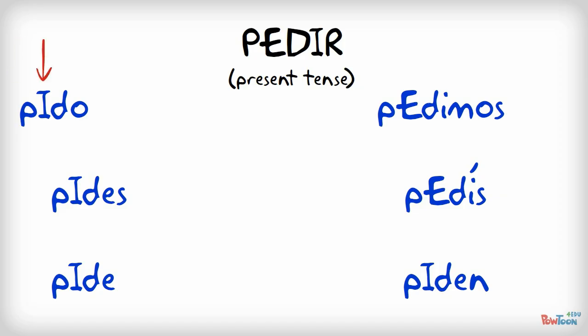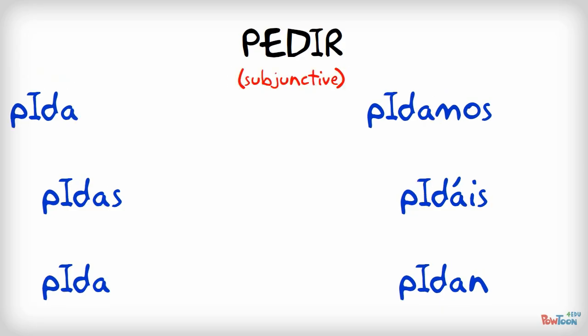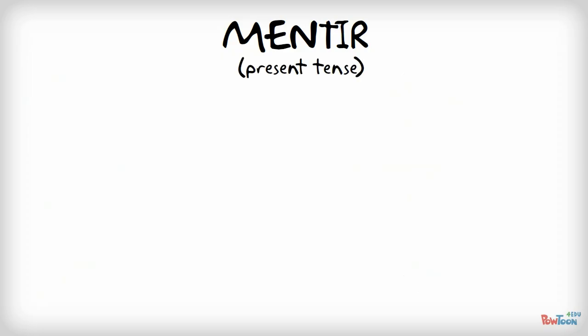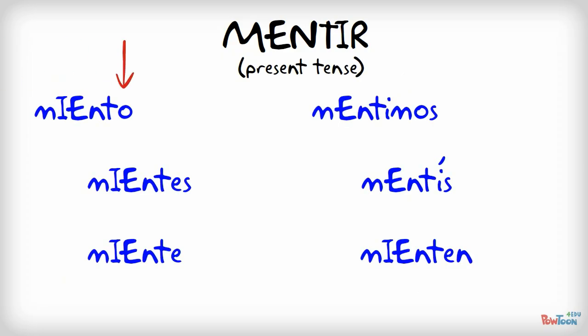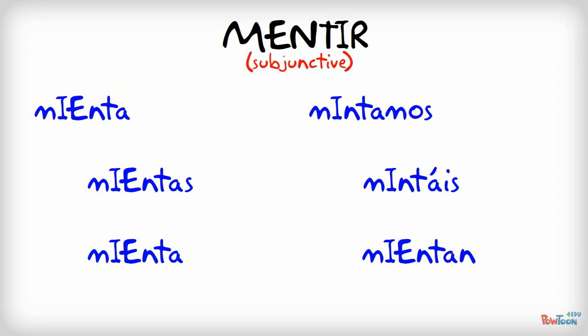Pedir is normally an E to I stem change, but in the nosotros, we're going to keep the I. And mentir. Mentir también is a verb that has a stem change, E to IE. But in the nosotros, we are going to keep the I.